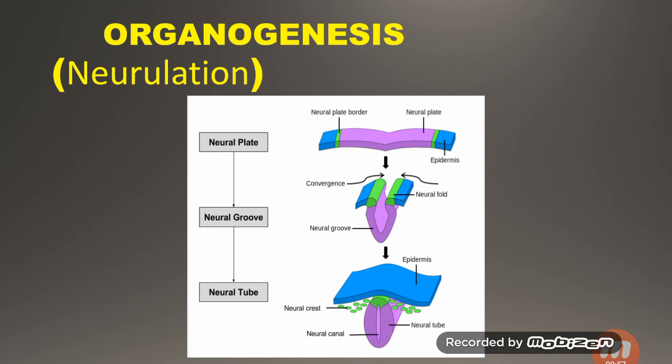Afterwards, the neural groove joins to form a tube-like structure called the neural tube. On the upper side of the tube, the cells would form a layer called the neural crest, which forms the nerves of the sympathetic system later.